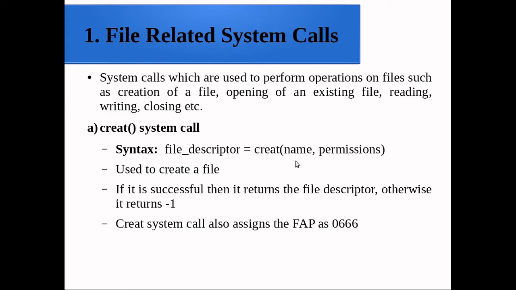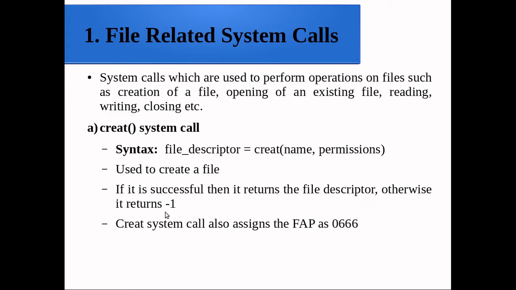After creating, the integer uniquely identifying that particular file will be stored into the file descriptor. If we were able to successfully create the file, then it will return the file descriptor. Otherwise, if you are not able to create the file, the return value will be -1. So this is the first system call, create system call, to create the file.